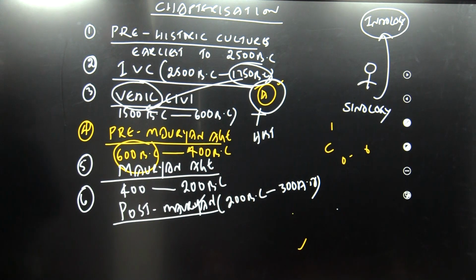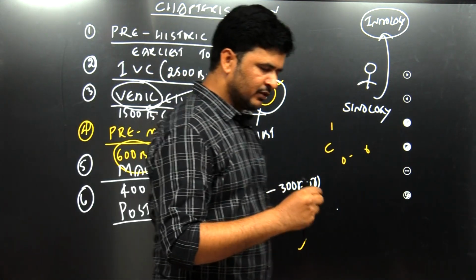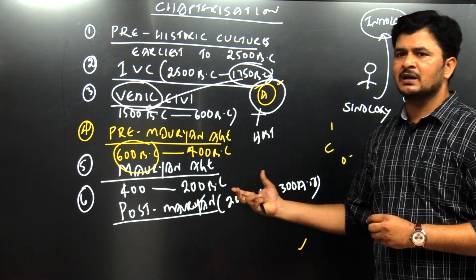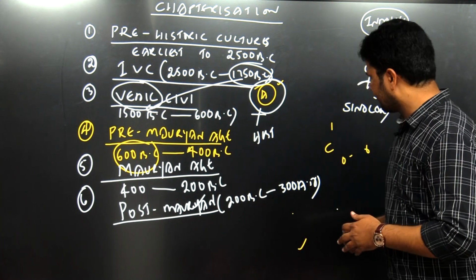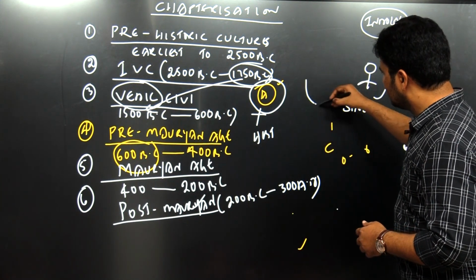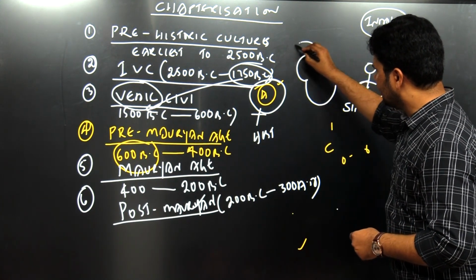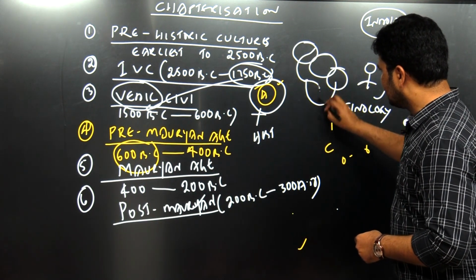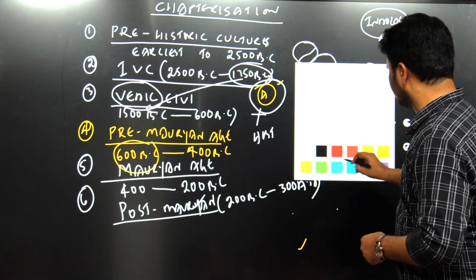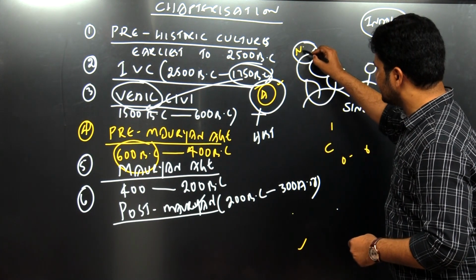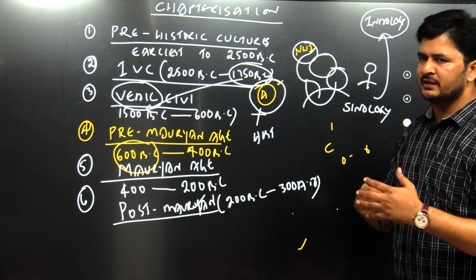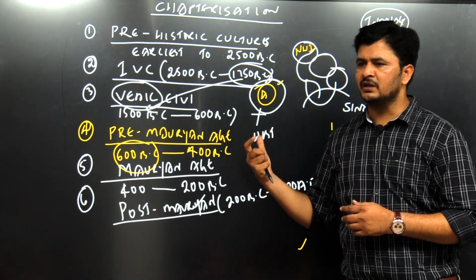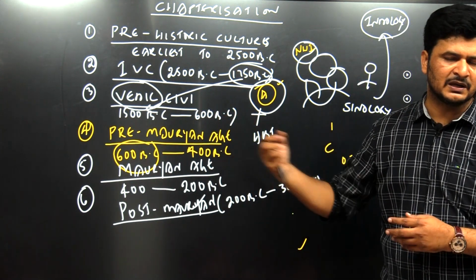As far as post-Mauryan Age, we are going to concentrate on two elements. One element political history, second element cultural history. When I say political history, that is post-Mauryan Age: northwestern India, North India, Eastern India, Deccan and South India. As far as northwestern India is concerned, we'll be going to understand factors for the rise of foreign invasions, that is Indo-Greeks, Kushans, Parthians, Pahlavas.